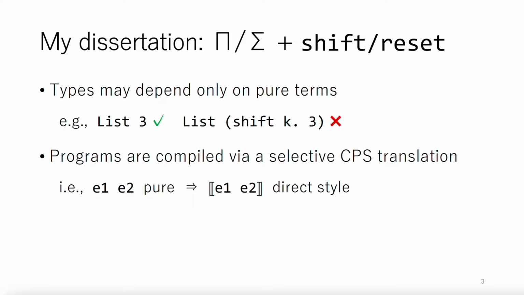The second design decision is that we compile programs using a selective CPS translation. That is, we only convert effectful terms into CPS and keep pure terms in direct style. The selectiveness of the translation makes it easier to prove type preservation of the translation.